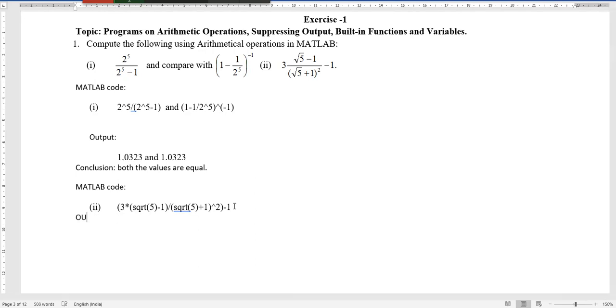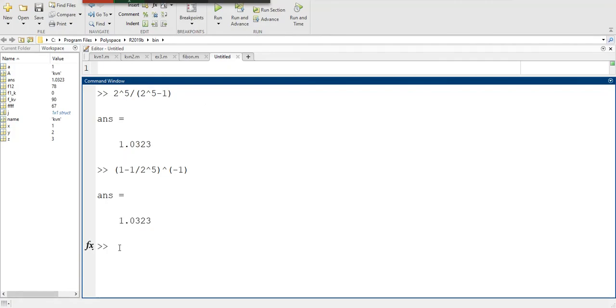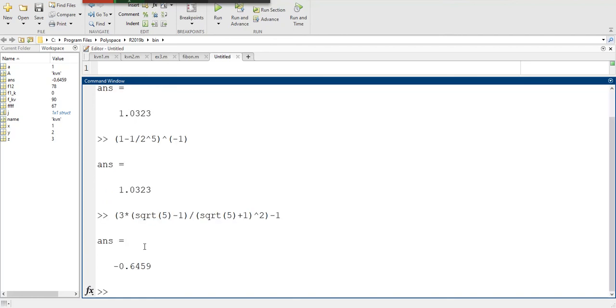Output. What is the output? Now go to the software. So, what is the meaning? Our Matlab acts as a calculator, that is why we are calculating the value. This is the first concept. So you will get some negative value.